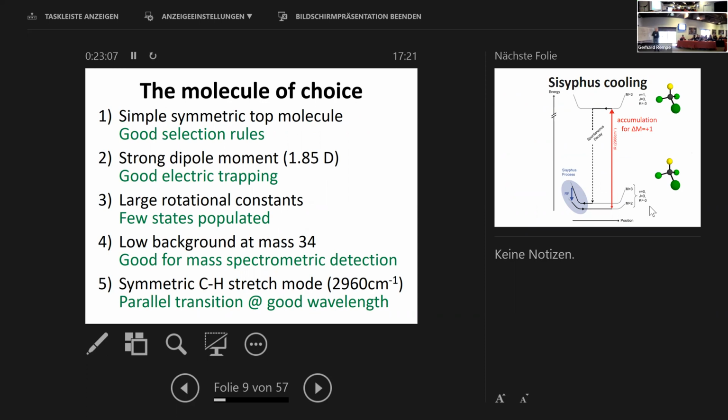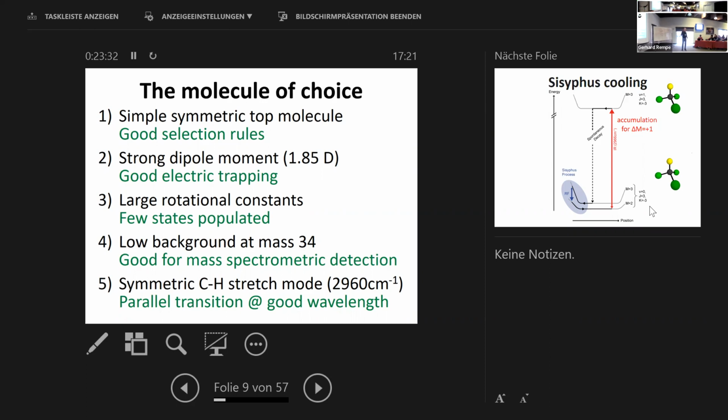It has very large rotational constants because the rotation around this axis is just the hydrogens. The moment of inertia is pretty small for the hydrogens, so it's rotating pretty fast. And the angular momentum energy levels are separated by a large amount, so only a few states are populated when you start with this molecule at room temperature.